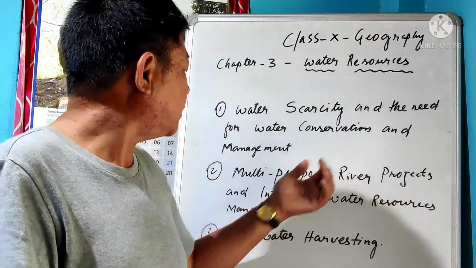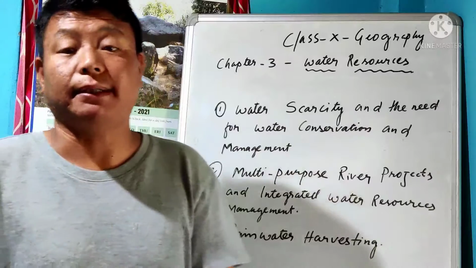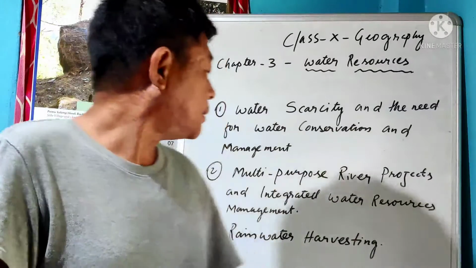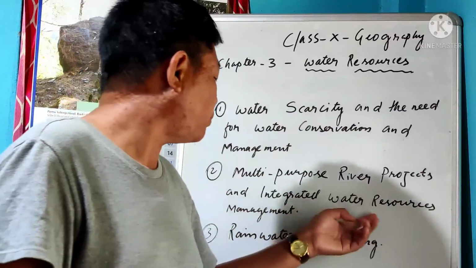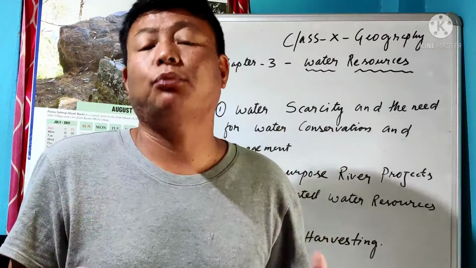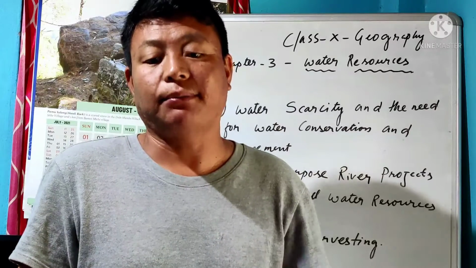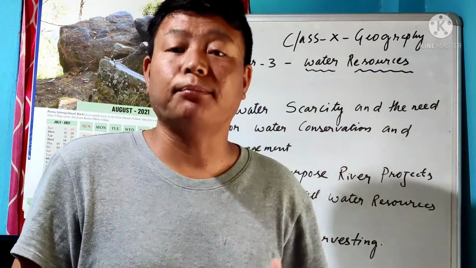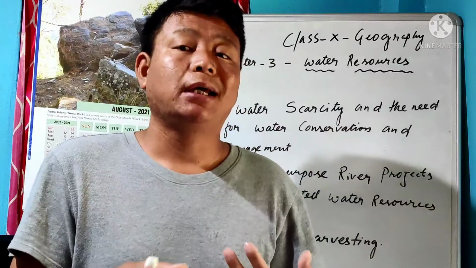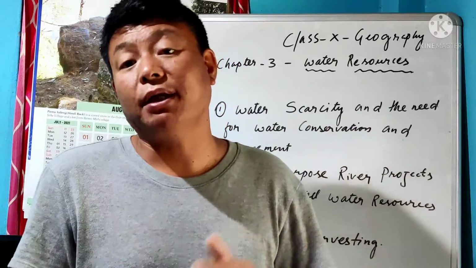And the second topic is the multi-purpose river projects and integrated water resources management. Especially after achieving independence, when Jawaharlal Nehru, in the past five-year plans, gave importance to the agricultural sector, heavy industry and education, then after that water management also came.